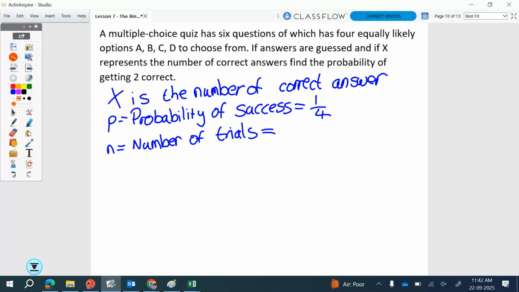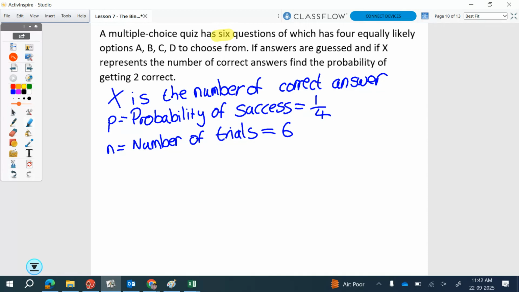How many times do we try? We tried 6 times.